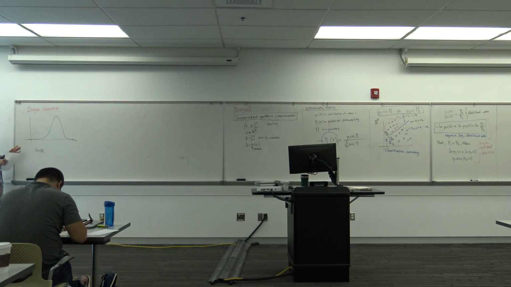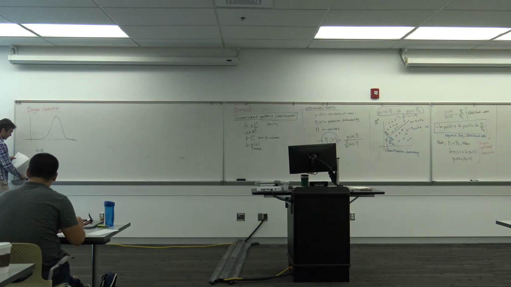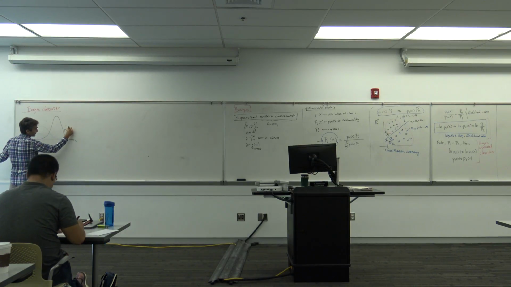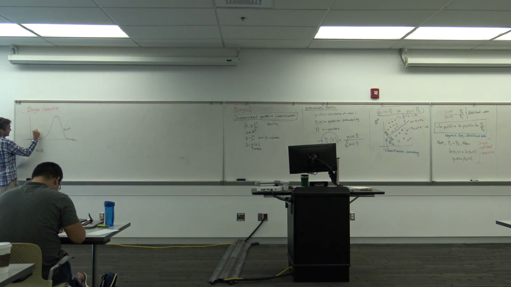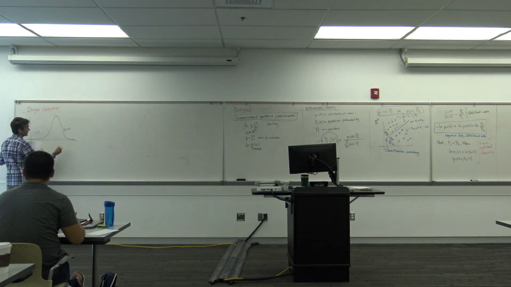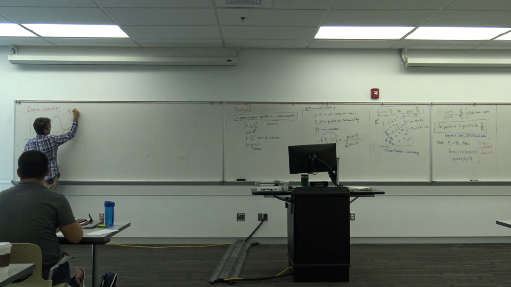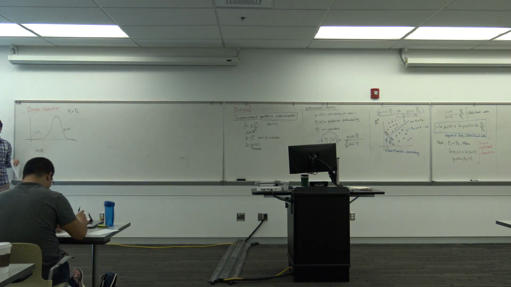Okay. Anyone can tell me with that equation, and I'm going to assume, so again, this is small p2 of x, and this one is a small p1 of x, right? And for simplicity, let's assume the priors are identical, okay?